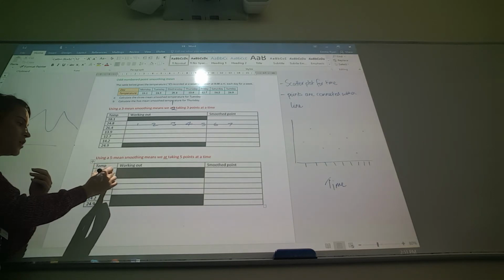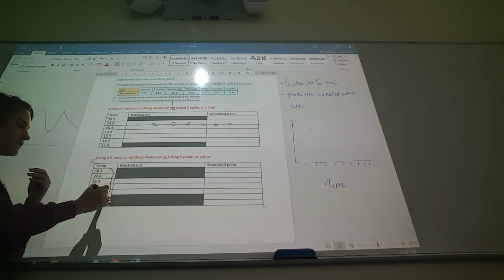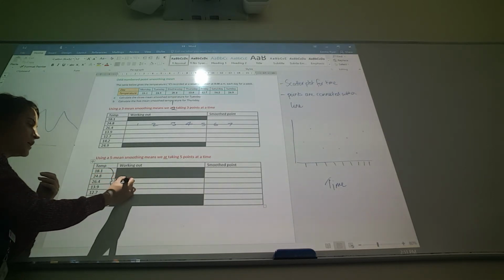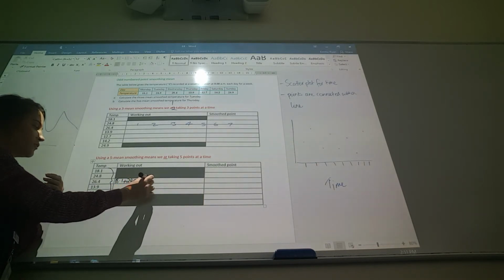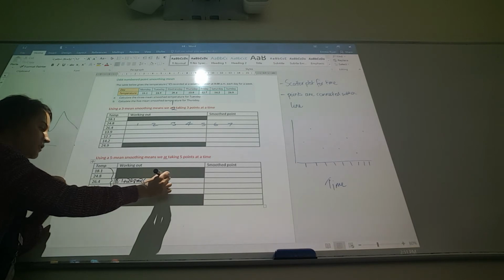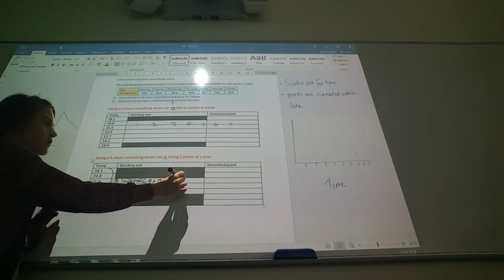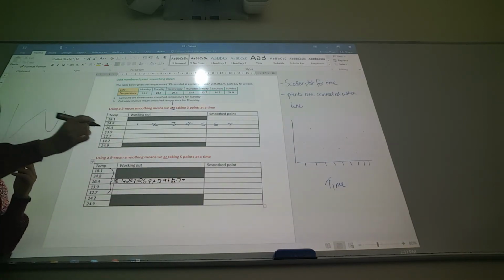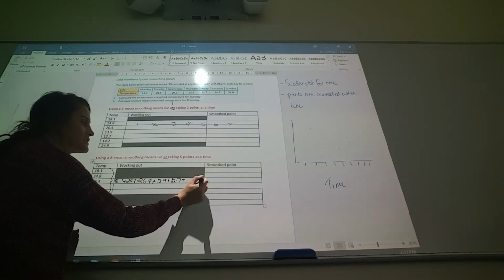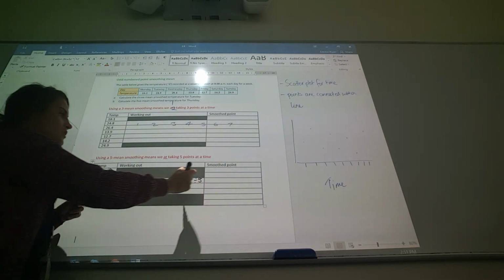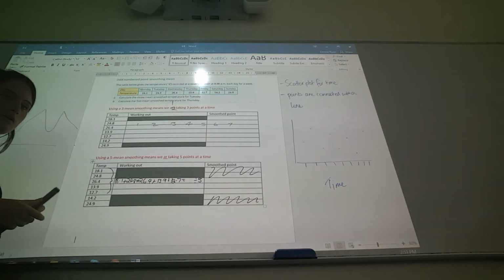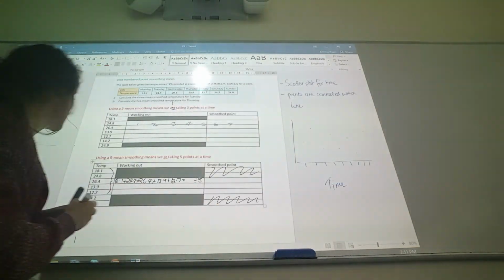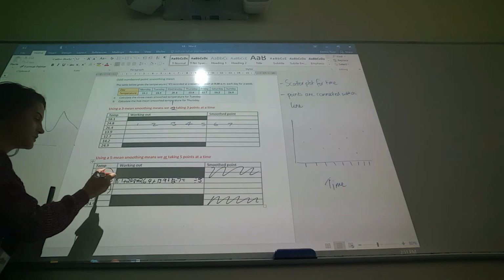So we've got 5 points, so we'd have 18.1 plus 24.8 plus 26.4 plus 13.9 plus 12.7. And what would we divide them by? 5. Get the answer, divide it by 5. So you'll have nothing in that one and nothing in that one. So you should only end up with 3 data points for this one.